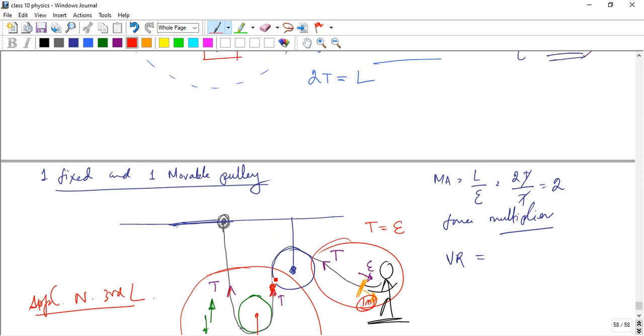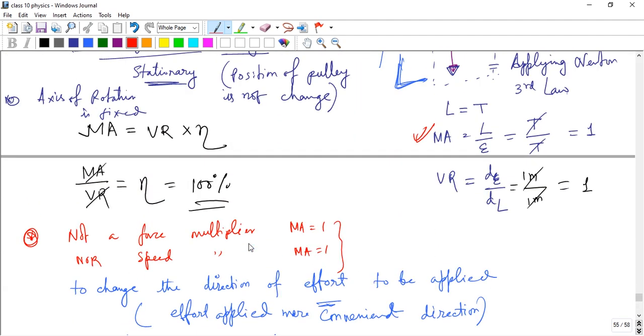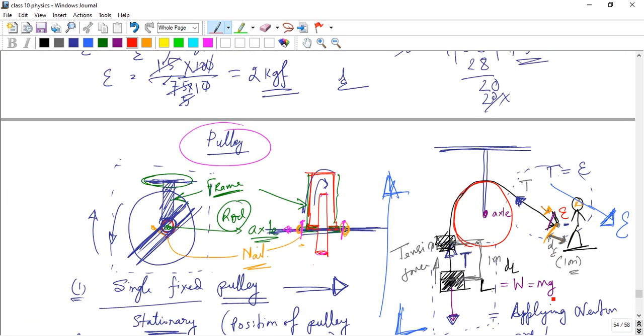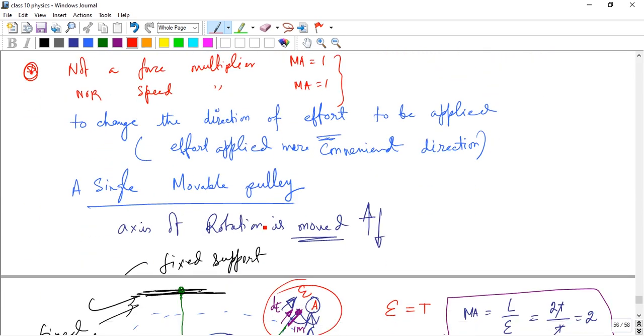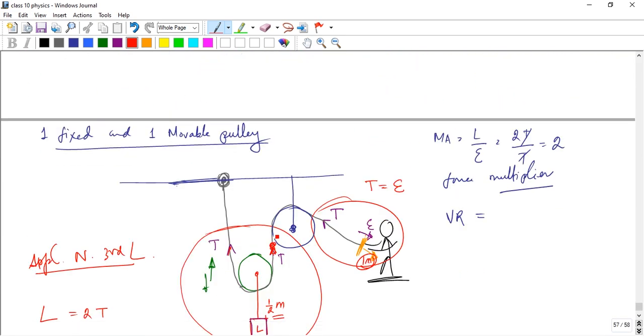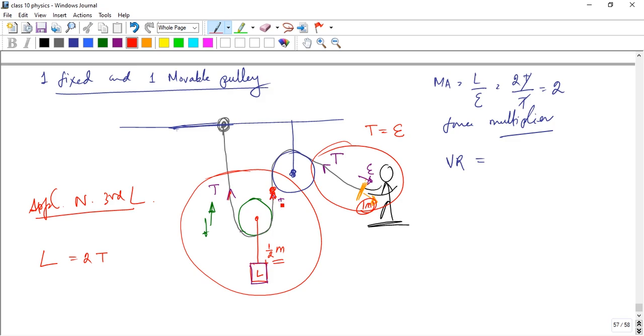In the single fixed pulley concept, if it is 1 meter here, it is also 1 meter there. But in the movable pulley concept, if the effort is 1, the load displacement is half.